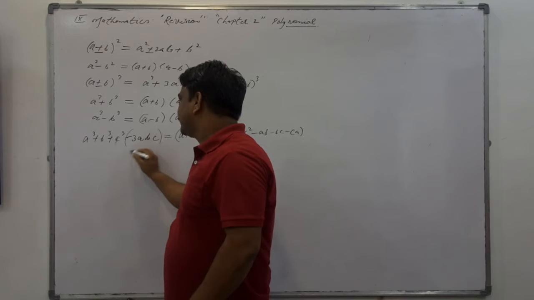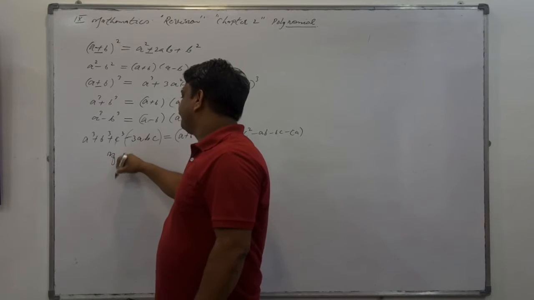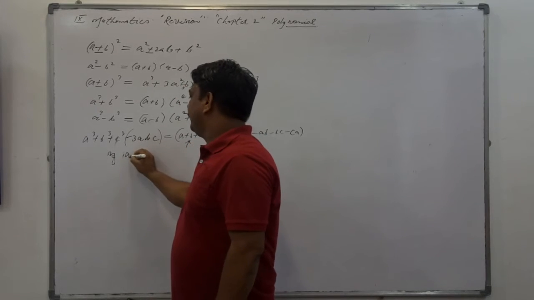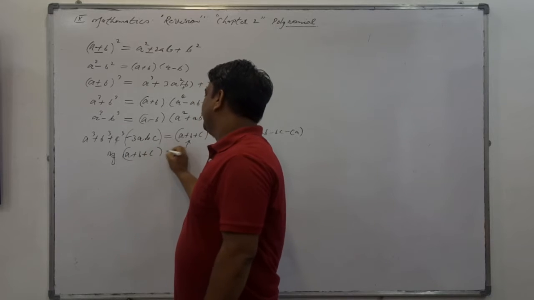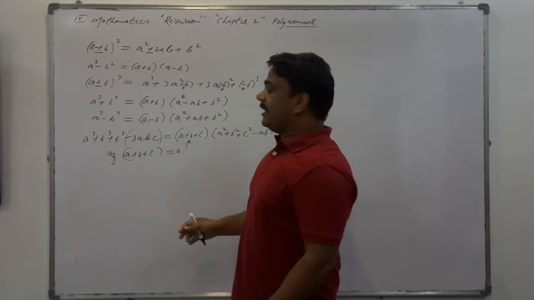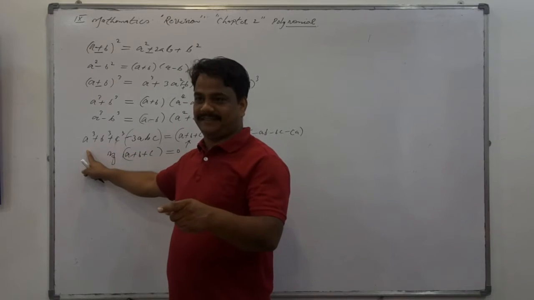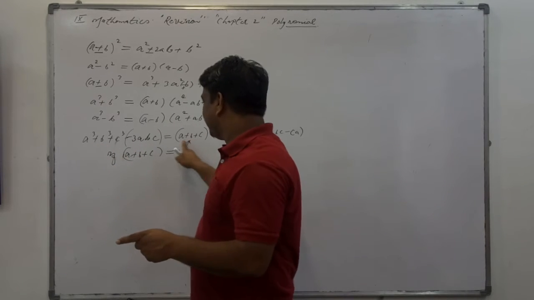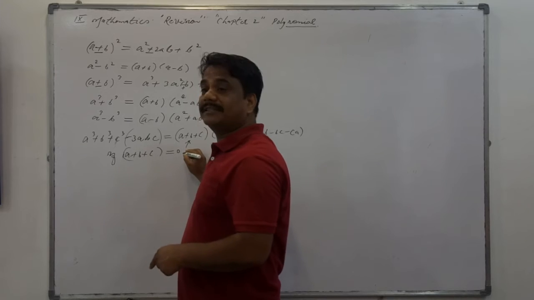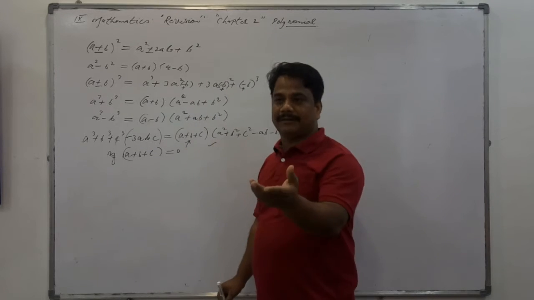Another case also we have discussed. If a plus b plus c is equal to 0, meaning for the cube sum of 3 quantities, you can use this identity. You can use that. But if their sum is coming 0, then the whole right side will become 0.